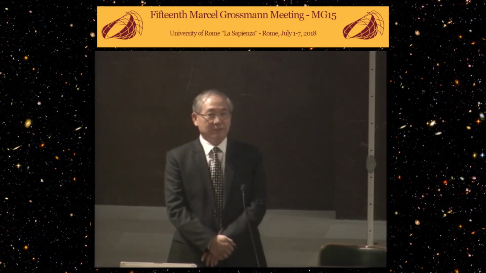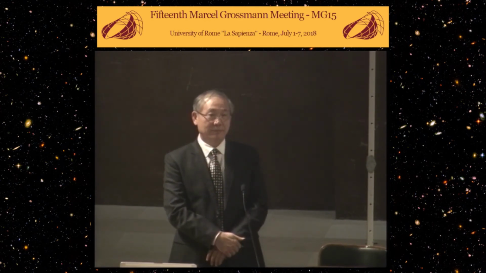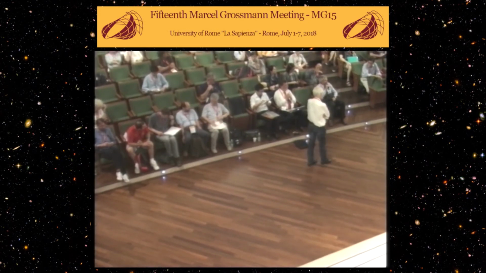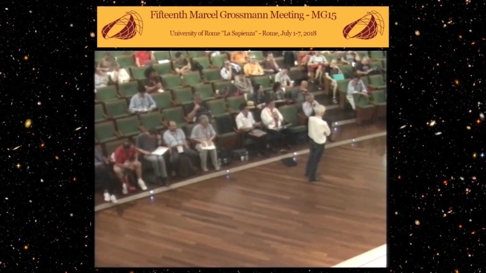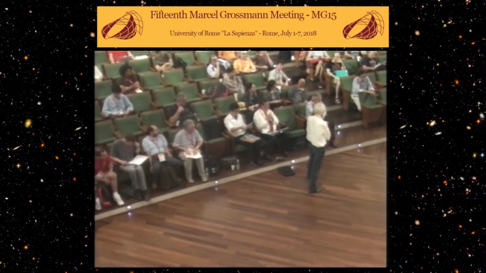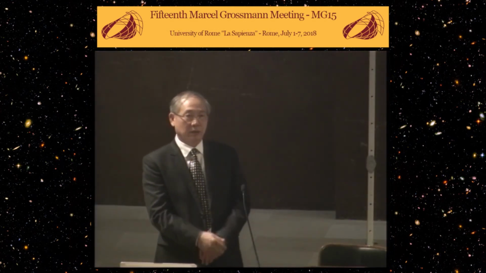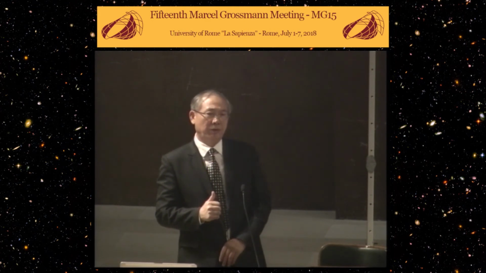Suppose we are both lucky and we get up together. What kind of science could the two missions do together? Is there anybody working on the case of having this mission and LISA up together? Yeah, this is I think my first motivation. The first motivation is that we want to test general relativity.